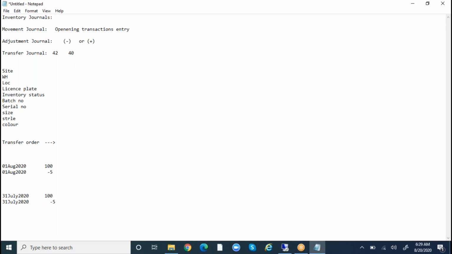Then in the system, if you generate a report from August 1st, it will show 95 rather than these two transactions.